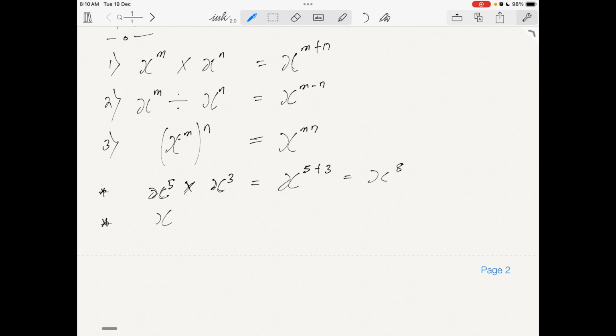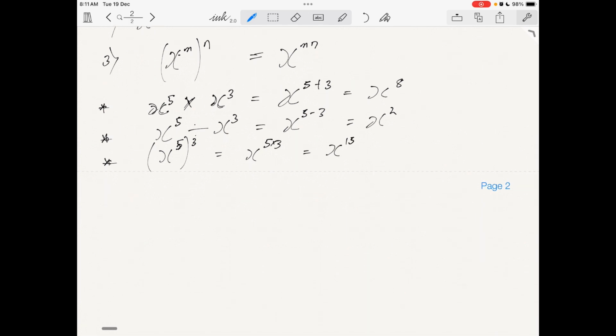Furthermore, if you have x raised to the power 5 divided by x raised to the power 3, that will give me x raised to the power 5 minus 3, which is x raised to the power 2. And x raised to the power 5, everything raised to the power 3, will give me x raised to the power 5 times 3, and that will give me x raised to the power 15.